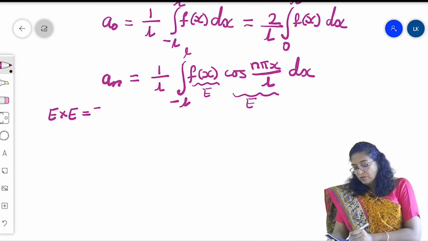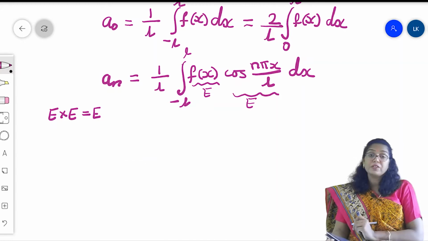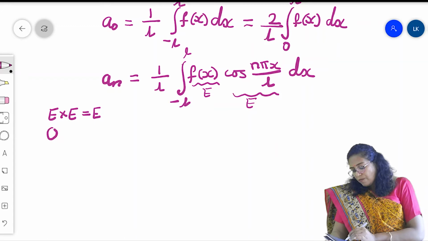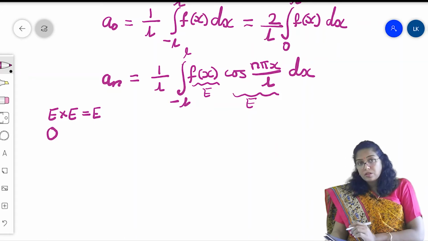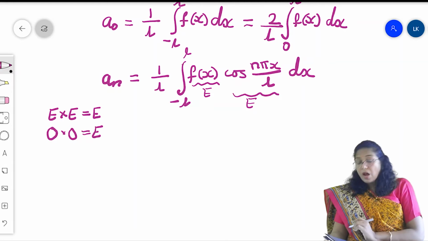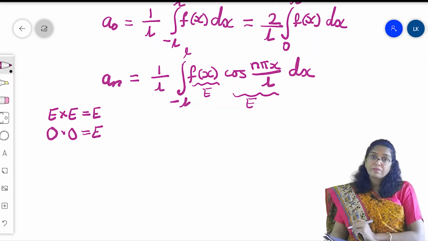If we use the notation capital E for an even function, what about the product of two odd functions? I am using the notation O for an odd function. Then O into O is even. How to remember this condition?